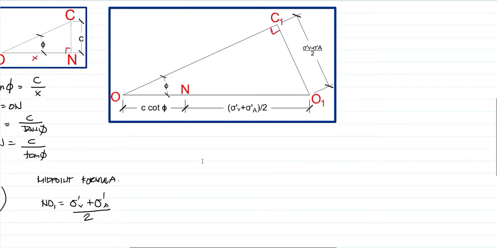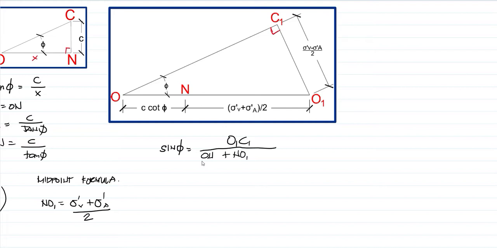So, ang function na pwede natin gamitin to derive the equations for our lateral earth pressure condition will be sine of phi. Kasi this is opposite and this will be our hypotenuse. Itong O to O1. So, that will be sine of phi is equal to, so opposite will be O1C1, then our hypotenuse will be ON plus O1.